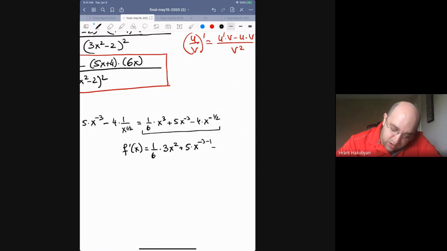And then I have minus 4 times x to negative 1/2 minus 1. So that's going to be 1 over 6 times, okay, so I can cancel the 3 and the 6. So that's going to give me 1/2, right?